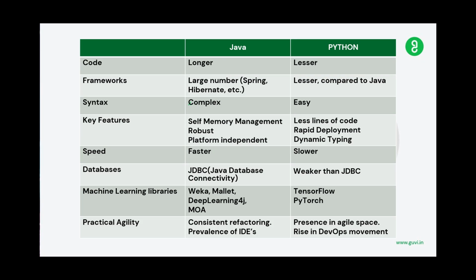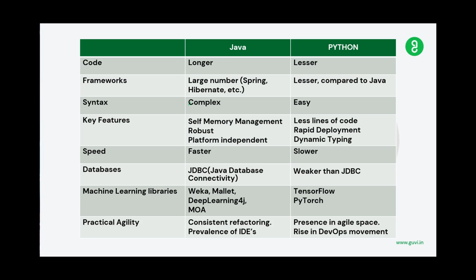All right. Moving on to the syntax of the programming languages. The syntax is complex in Java as it may and will throw an error if you miss a semicolon or curly braces. Whereas in Python, the syntax is easy to remember because it's almost similar to human language. The key features of Java are that it has self-memory management, it's robust, and it's platform independent.